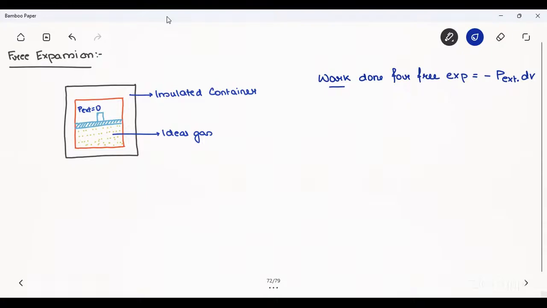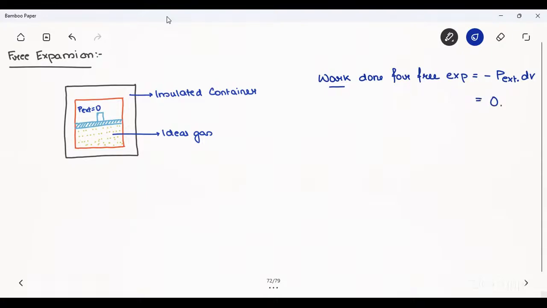P external gets equal to P internal, and that is the reason we considered P internal for calculation of work done for reversible process. But except that system, we calculate work done in thermodynamics considering the P external only. P external is 0 because we are not pressing it. So the work done will be 0.